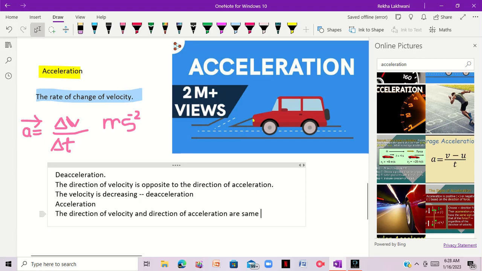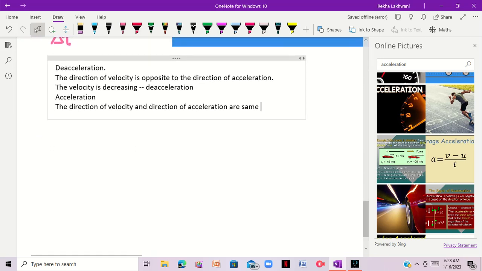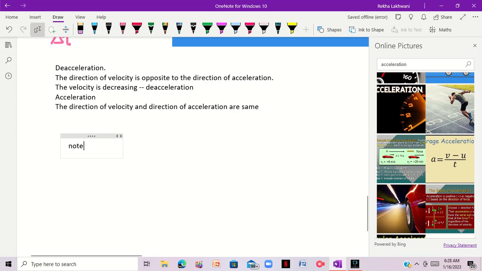Now let's talk about an important point. Note this thing, that it is possible that the body has velocity equal to 0, but acceleration is not equal to 0.